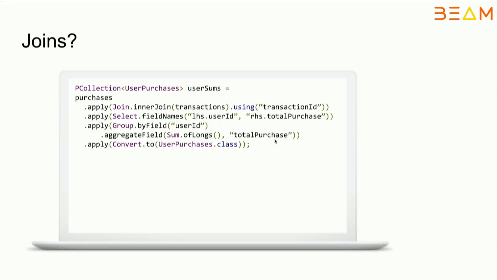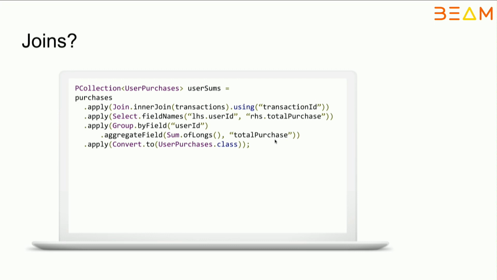I want to do a join. Well, this is the code to do a join if this input PCollection has a schema. In this case, UserPurchase is, say, a Java POJO, for instance, or maybe an Avro specific record. I can just say inner join on transactions, where transactions is another PCollection, and I just pass in the name of the field I want to join on.